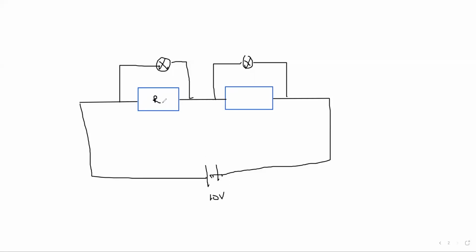Resistor 1 has a low resistance and resistor 2 has a high resistance. And lamp 1 and lamp 2 are connected in parallel to that.